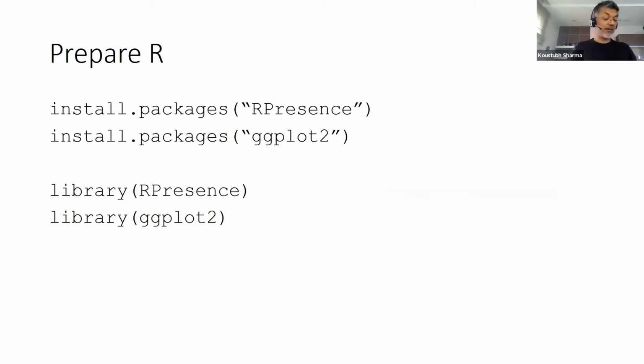Okay, to prepare the analysis, the first step you need to do is to install a package, RPresence. Unfortunately, and there's a very silly reason, RPresence is not available on the CRAN repository.